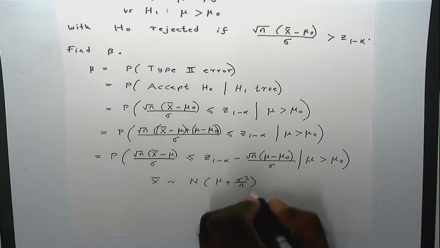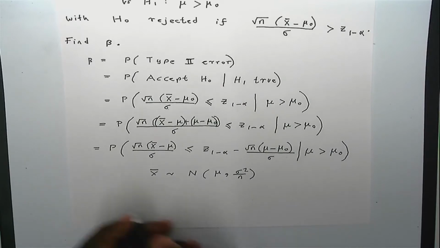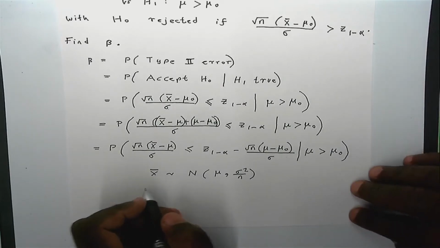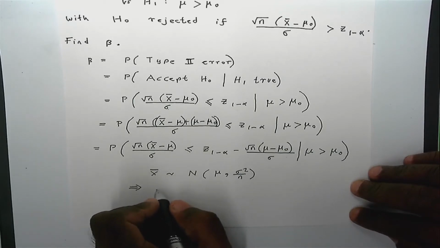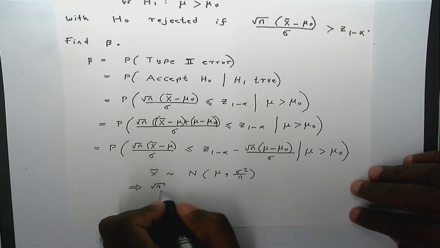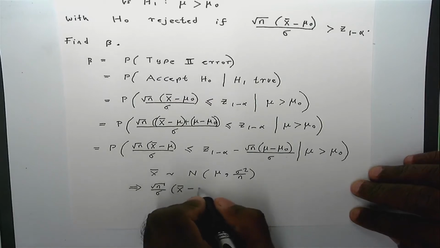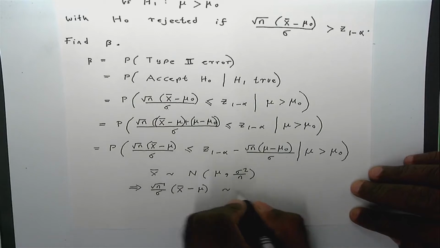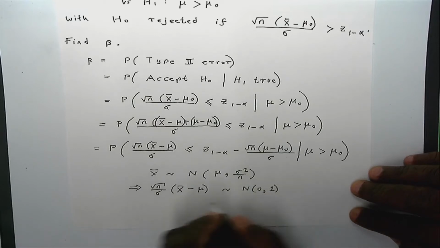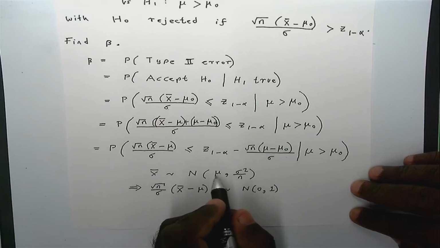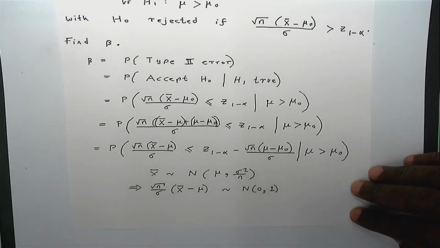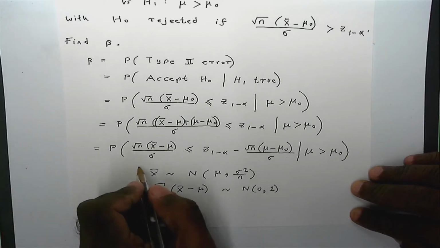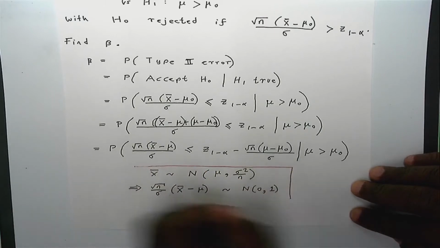Now, if X bar has this, then root of n times X bar minus mu, divided by sigma, must have the standard normal distribution. It's easy to see that. You take away mu on both sides, this will go to 0, and then you multiply by this constant, and the variance will become 1. Let me put this in a box, if you don't mind.